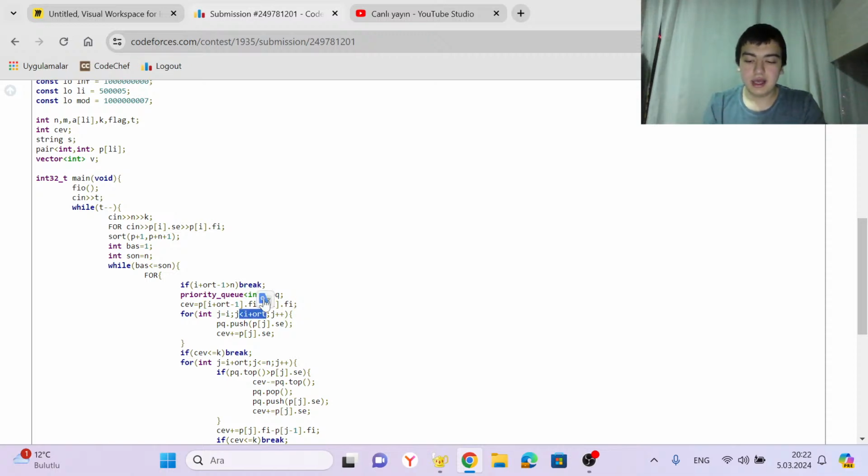This means I am taking an initial, starting interval with x elements, ORT elements in this variable name. Okay, I am pushing the values to the priority queue, and I'm adding their a values to the answer. And I'm saying if the answer is smaller than or equal to L, this K is L in my code. You can look from here. K is L. K means L.